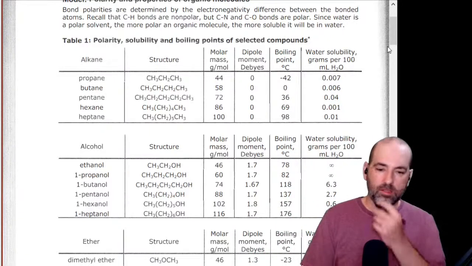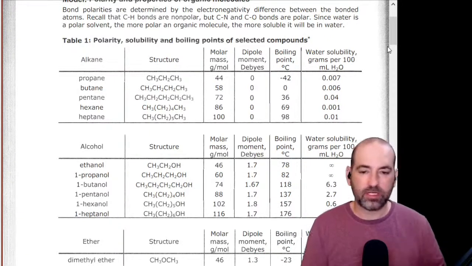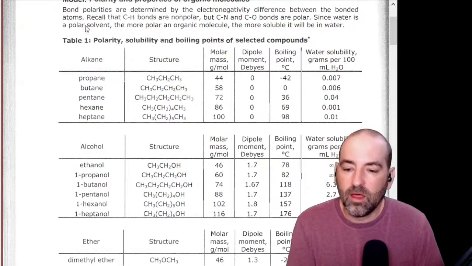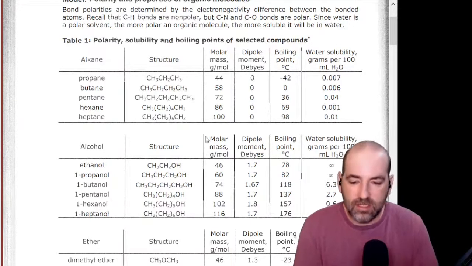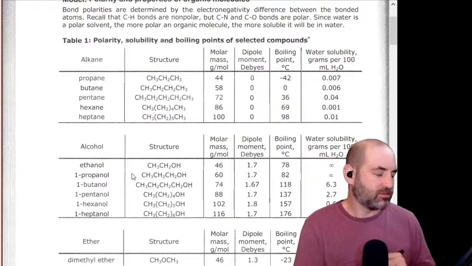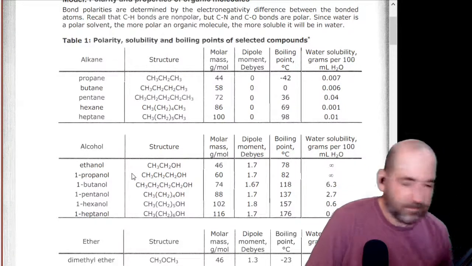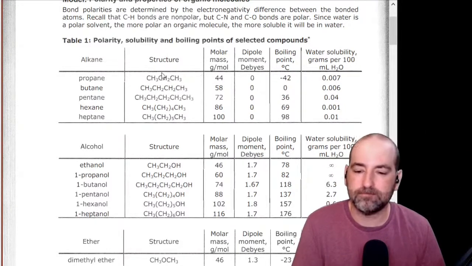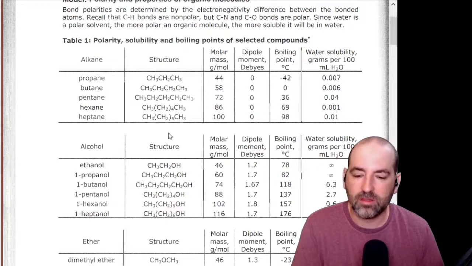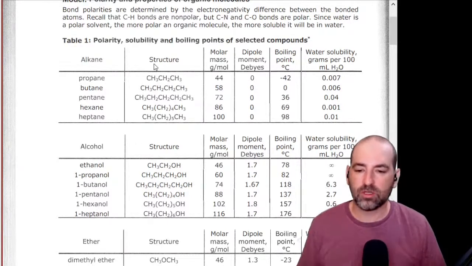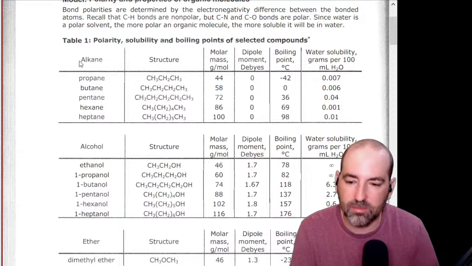But again, I want to help you out with some introduction before you get started on it. In these tables, you have organic compounds that are grouped together by something called functional group. And the functional group is listed over here. That's the name of it.